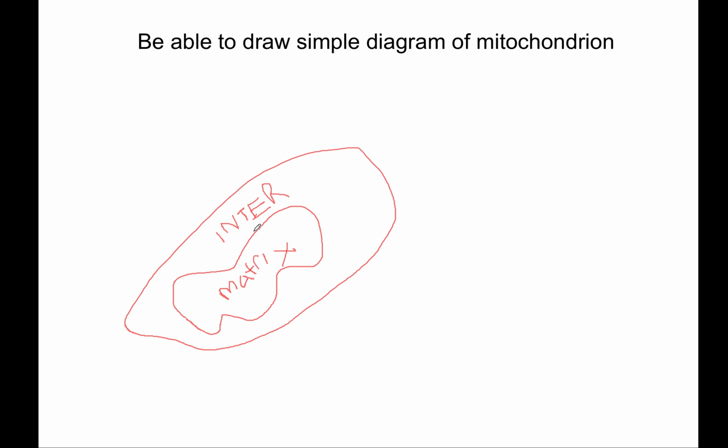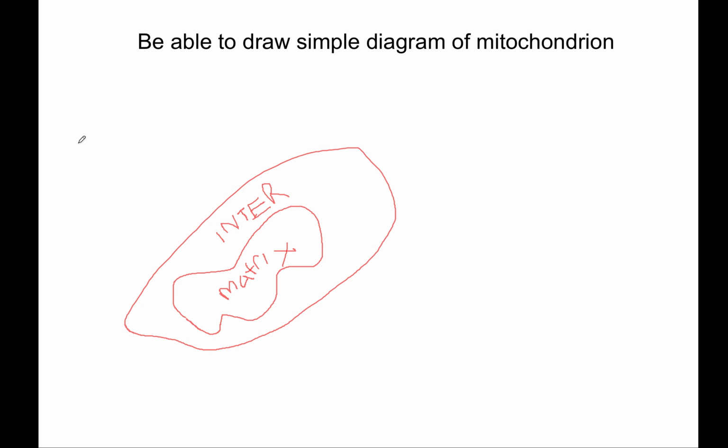But this is the intermembrane space, not inner with an E, with an N. It's inter with a T. So intermembrane space between two membranes, okay? These spaces are really important when we're talking about metabolism, where things happen.